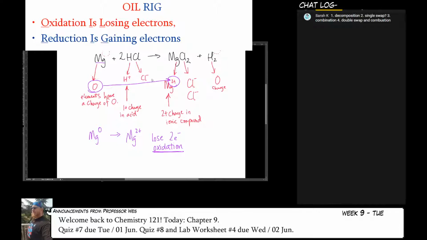Now you can do the same thing with hydrogen. Hydrogen starts with a +1 charge, and when it's done, there isn't a charge. So we'll write that. And I'm going to write it like this, just so the equation balances.